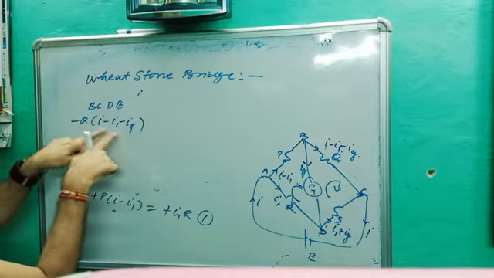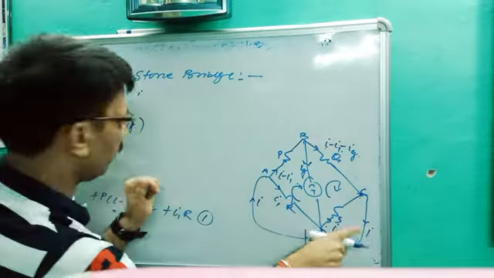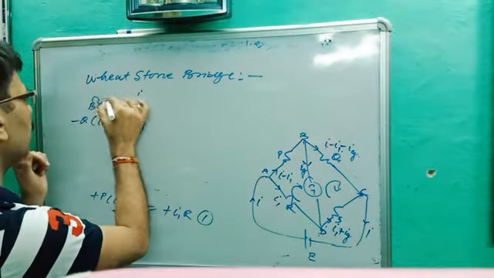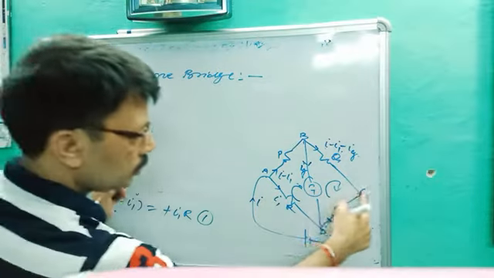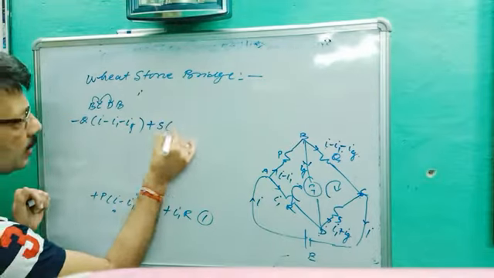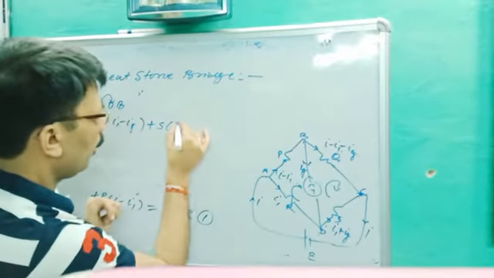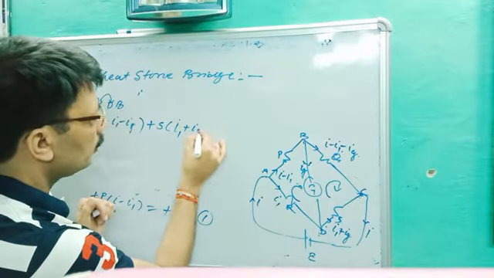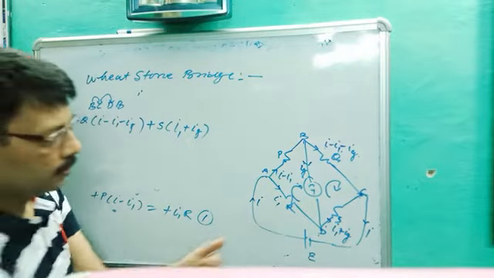The multiplication of resistance and current will be negative because we are moving in the direction. Next, C to D. You are moving in the opposite direction, so it will be plus S into (I1 plus Ig). Are you getting the point?